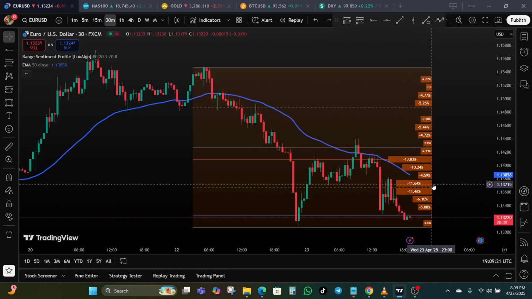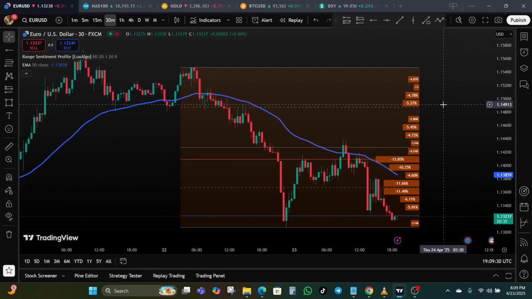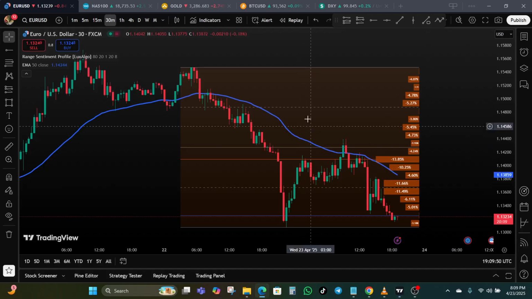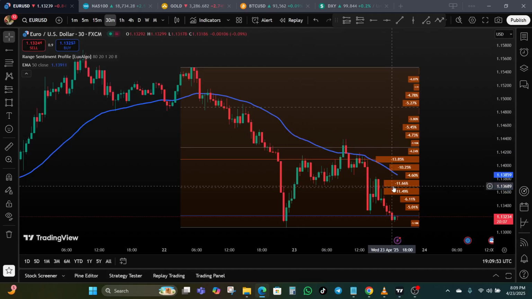If the sentiment flips from bearish to bullish or vice versa near a key level, that is your entry cue. Combine this with price action confirmations like pin bars, inside bars, or engulfing candles to strengthen the setup. For exits, you can use the opposite side of the range or the midpoint as your target. Trailing stops behind sentiment shifts or zone breaks also add extra protection.